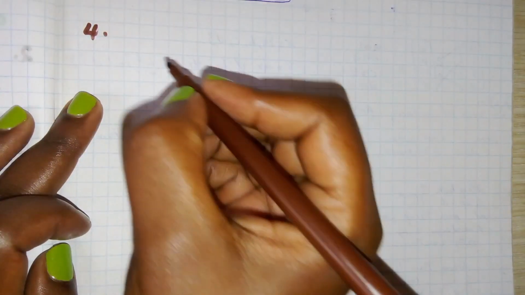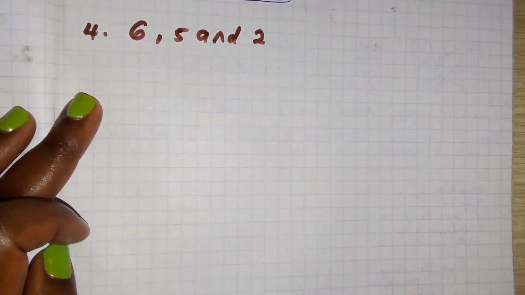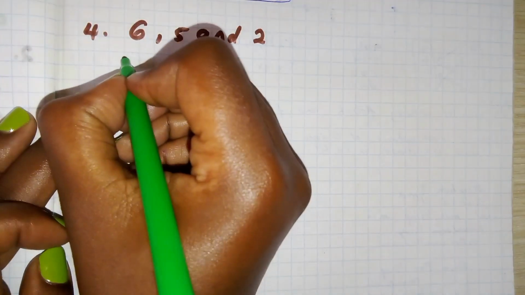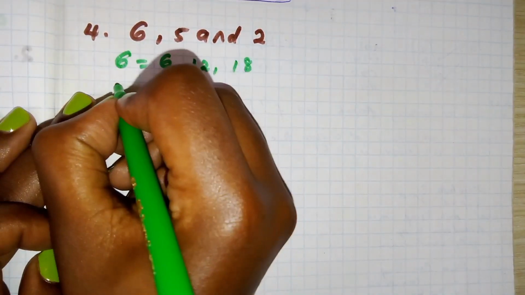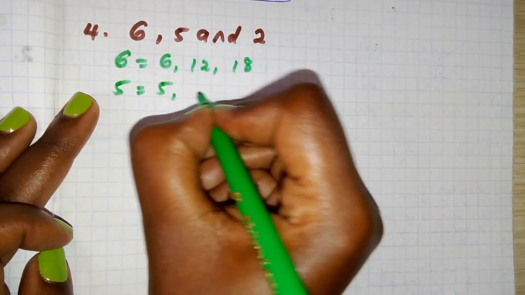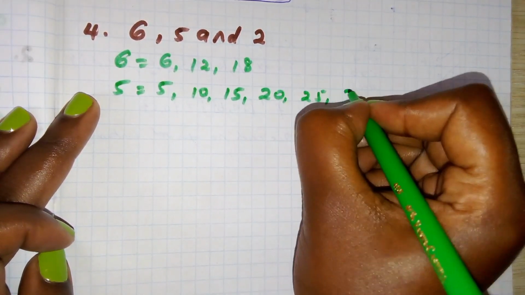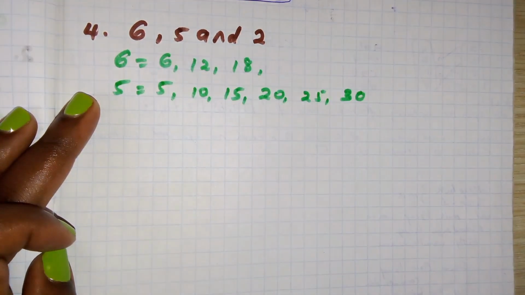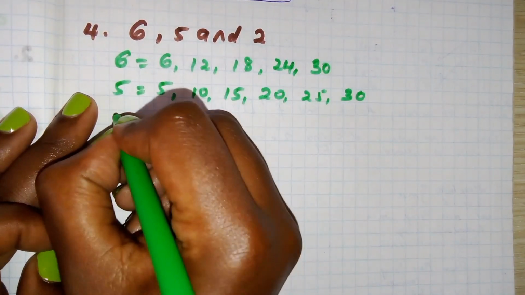In conclusion, we have 6, 5, and 2. So let's do the multiples of 6, 6, 12, 18. Let's do the multiples of 5, 5, 10, 15, 20, 25, 30. We can add this one. 18 plus 6 is 24, plus 6, 30.